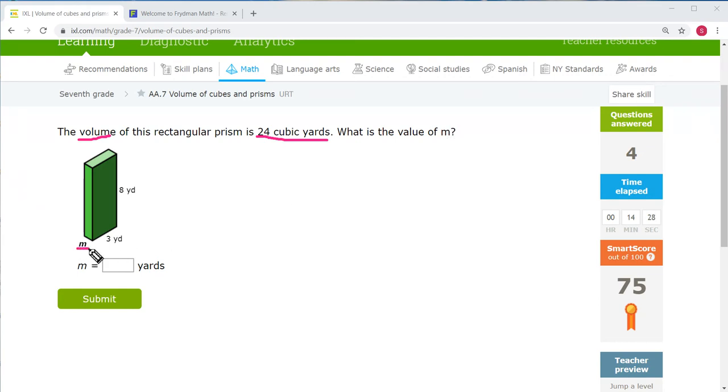So we want to know what this is over here. Let's write our formula. Volume is equal to the area of the base times the height. So 24 cubic yards is equal to the area of the base.